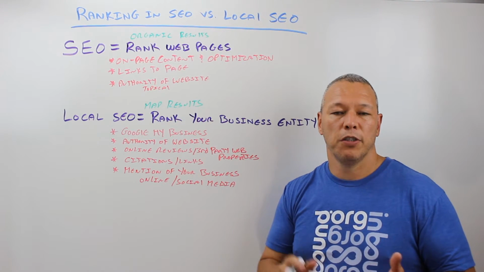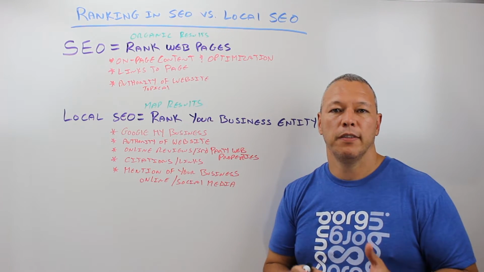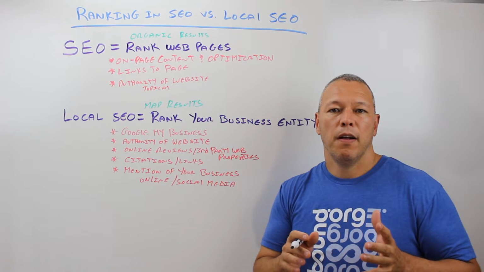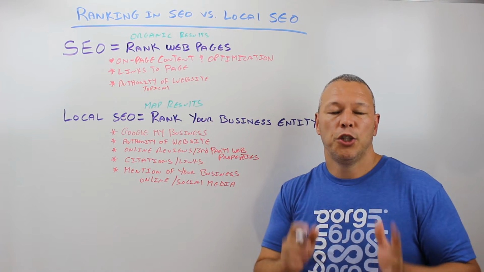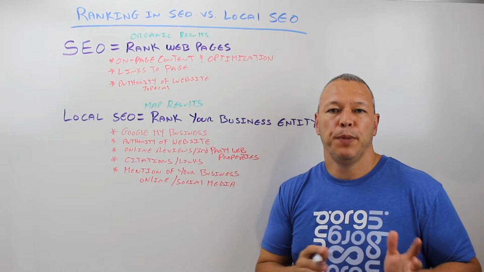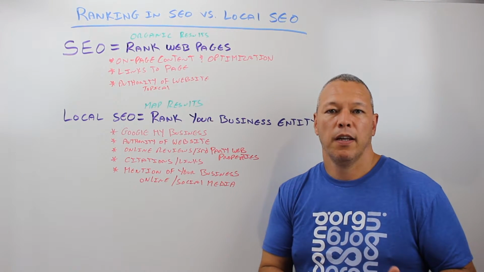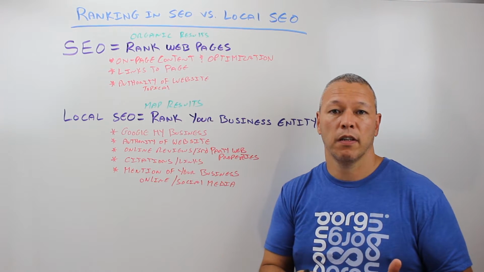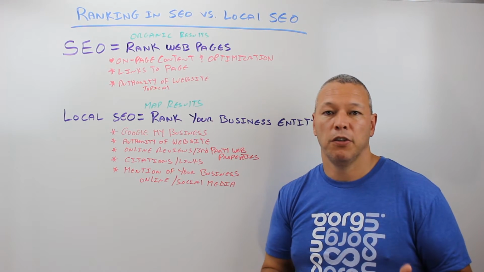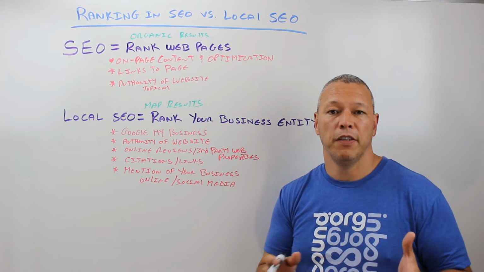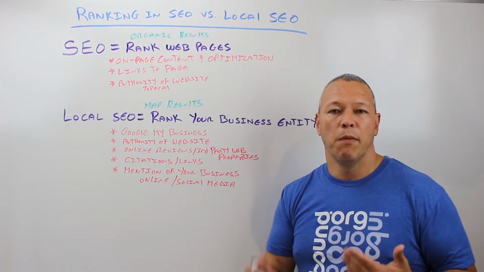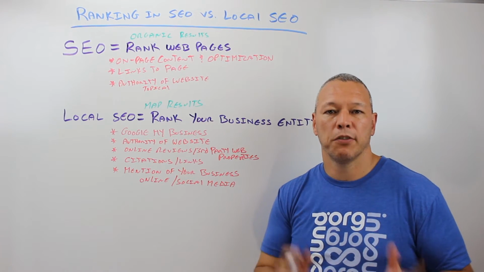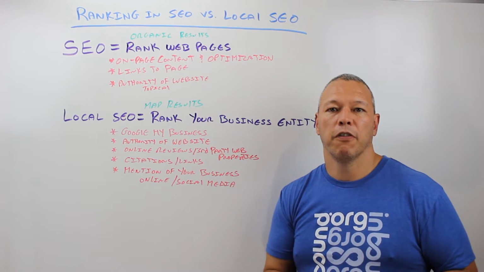The reason Google does this for local businesses is they may understand that Joe, the pizzeria guy, may have the best pizza in his city and people love his stuff, but his website sucks. He doesn't know how to get online reviews. He probably has a lot if he's doing a good job, but he's not an internet marketer. He doesn't care about his website. He cares about making great pizza for his customers.